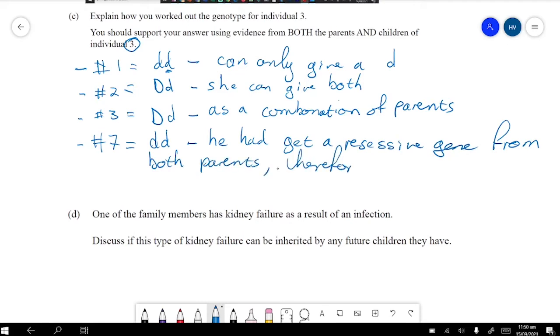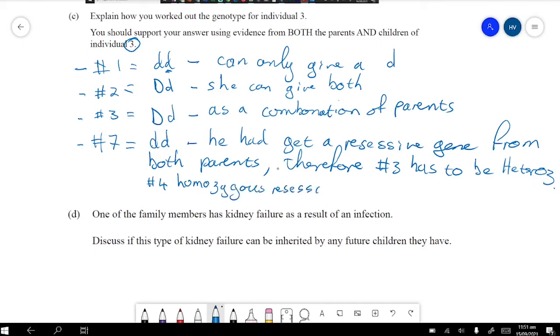Therefore, number 3 has to be heterozygous, because number 4, remember, is the mom. Number 4 is homozygous recessive, meaning she is unaffected, which is little d, and she can only give a little d.